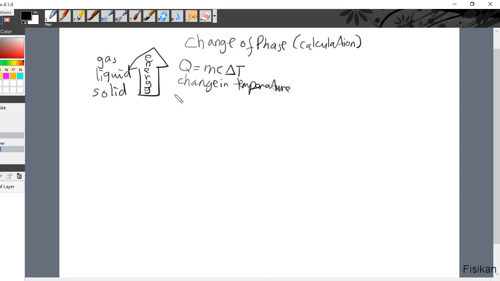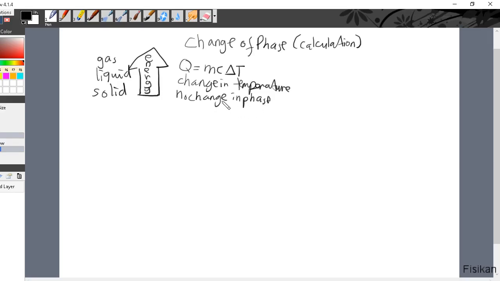This formula cannot accommodate calculating the amount of energy needed for phase changing. So here I will write: no change in phase. The phase remains the same.